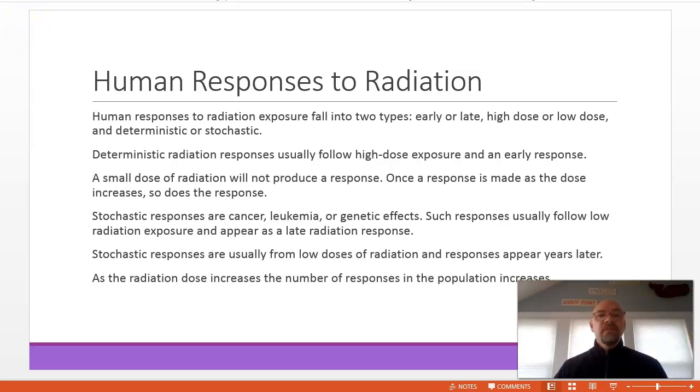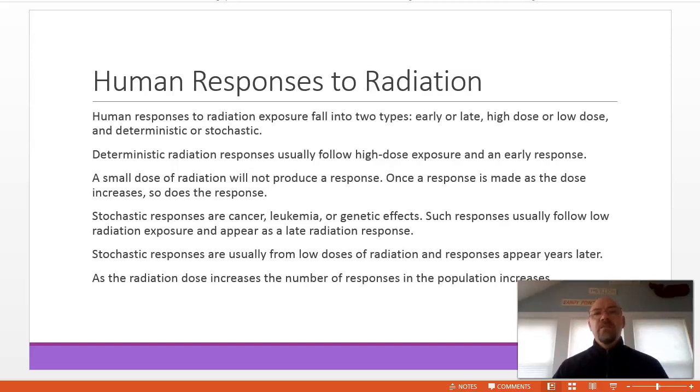And finally, you've got deterministic or stochastic. Deterministic types of symptoms are those that we can predict. We know that they're going to happen. If a person gets exposed to a certain amount, or if the whole body gets exposed versus a certain part of the body gets exposed, we can determine what that symptom is probably going to be. Stochastic is by chance.